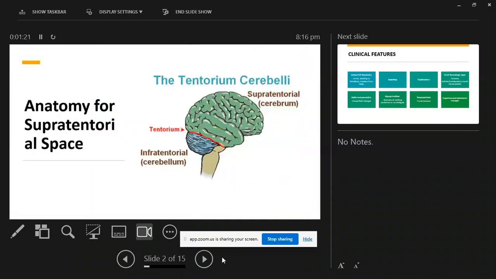The tentorial part of the brain is a crucial dural fold that separates the cerebrum from the cerebellum and brainstem. The primary function is to protect the underlying cerebellum and brainstem from pressure exerted by the heavier supratentorial structures, that is, cerebrum, showing in this part.